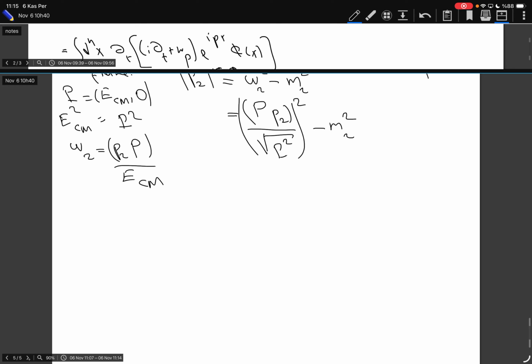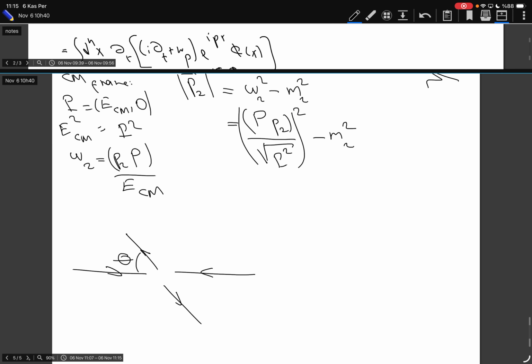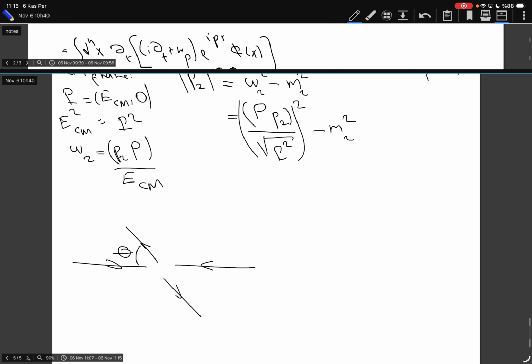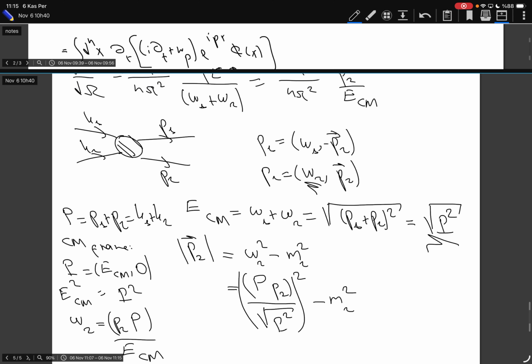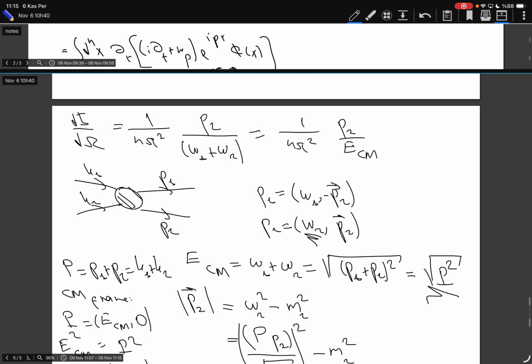Let's say I have collisions coming in. These are the particles colliding, then they will scatter in some other direction. Let's say this is the scattering angle. I might want to express everything in terms of this. Well, in fact, I already have everything expressed in terms of this scattering angle.